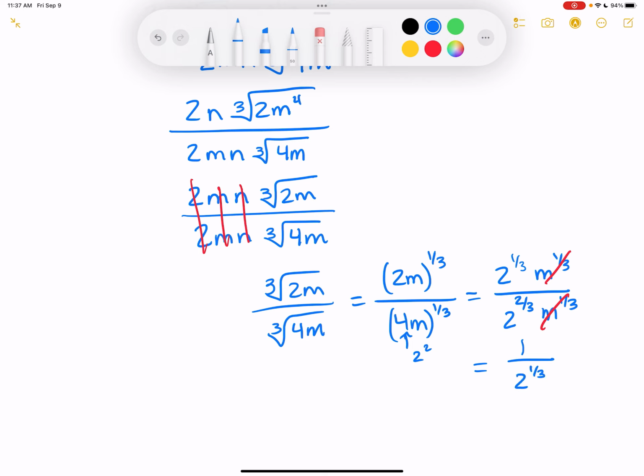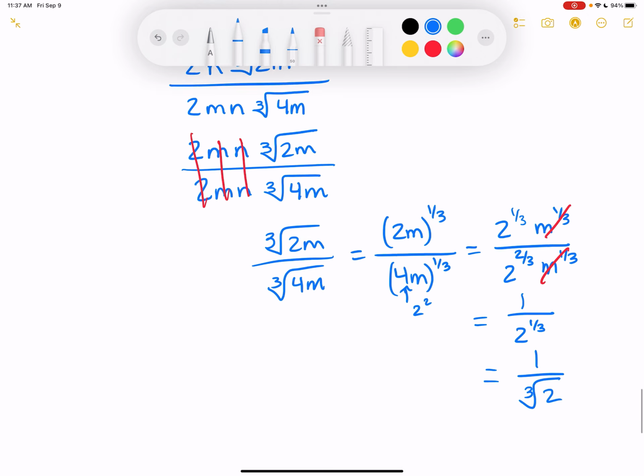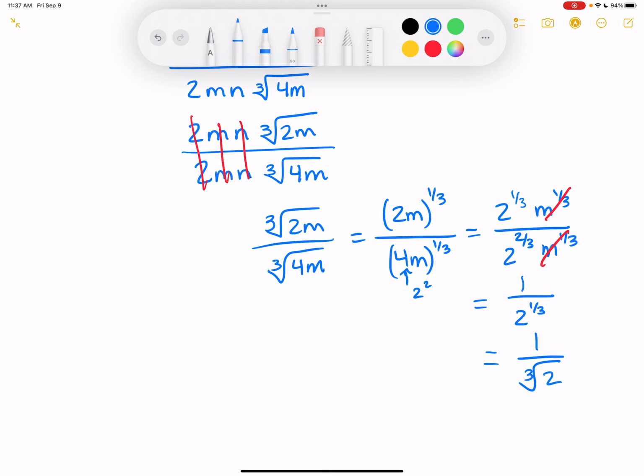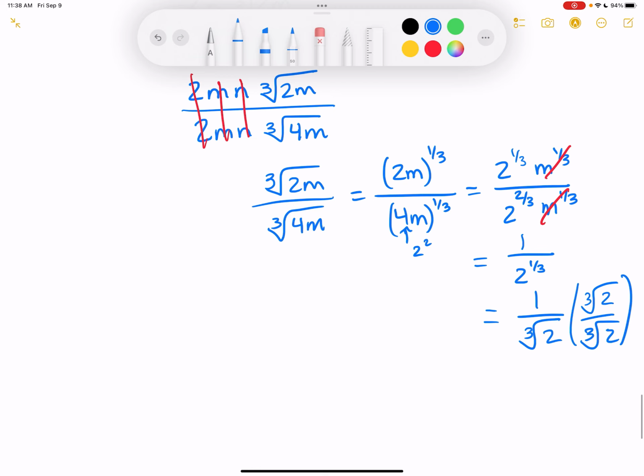So then this is written as a radical. So 1 over the cube root of 2. Can't have that. I need to multiply by the cube root of 2 over the cube root of 2. And then your answer is going to be the cube root of 2 over 2.